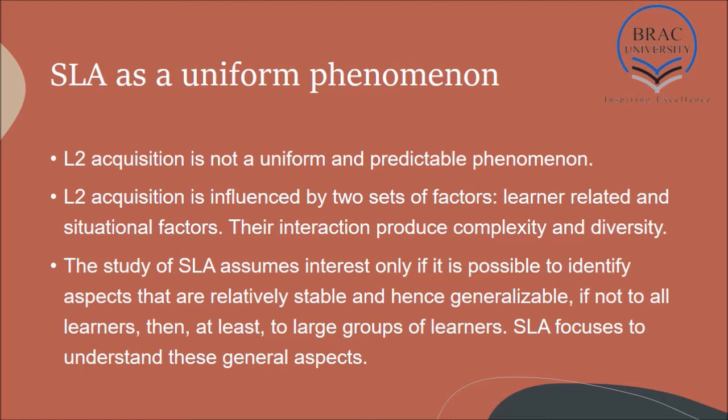The acquisition process of a second language is influenced by two sets of factors. The first set includes the learner-related factors, and the second set includes the situational factors. The interaction of these factors produces the complexity and diversity in the process of second language acquisition.